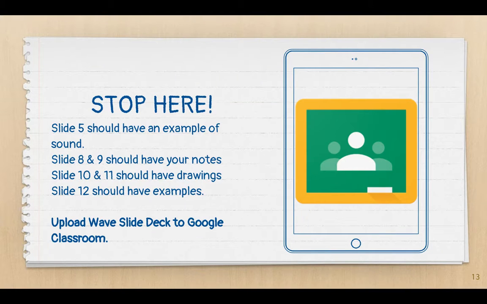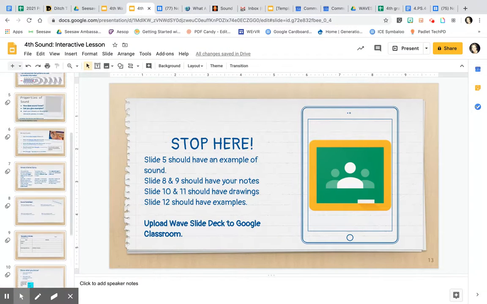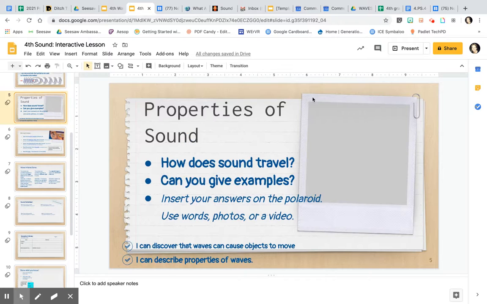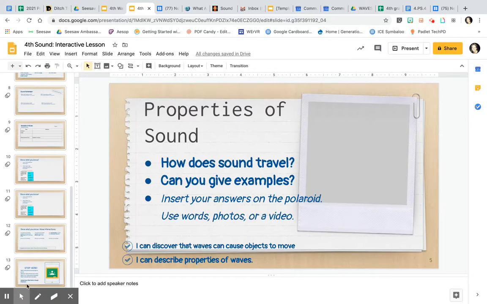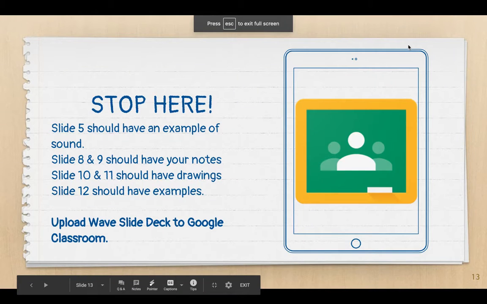And here's where you'll stop for this lesson. There's a number of things that you need to make sure are completed before you turn this into your Google Classroom. You need to make sure that on slide 5, let's take a look at that, you have an answer to how sound travels, or give an example here. The next thing you need to do is make sure that slides 8 and 9 have your notes.